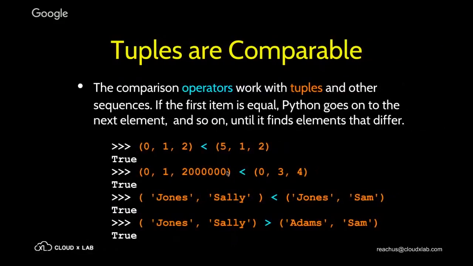A question from Gopi. Since dictionary is mutable and tuples are immutable, can you replace tuple values by using it in the dictionary? Not really. When we say items, items is a function and it returns a list of tuples. So it converts the keys and the values from the dictionary into a list of tuples.